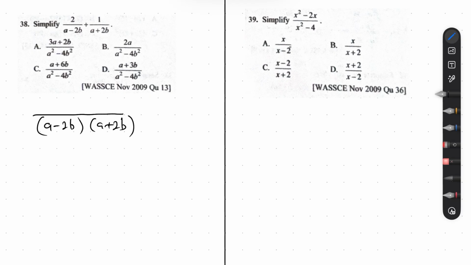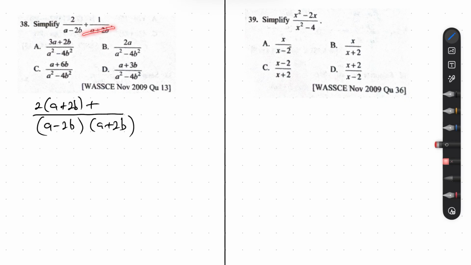Then this a minus 2b would cancel this, and we'll be left with a plus 2b, and that will multiply 2. So 2 multiplying a plus 2b, then plus, we do the same thing for the other side.